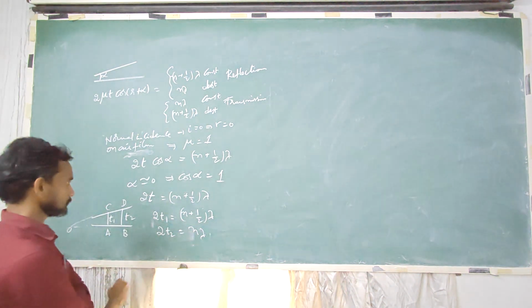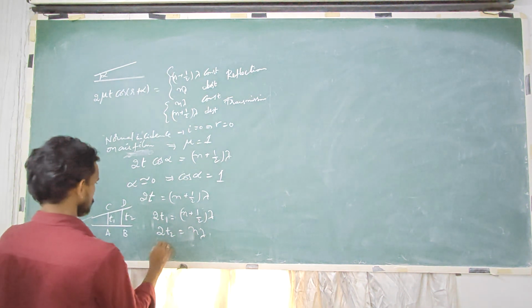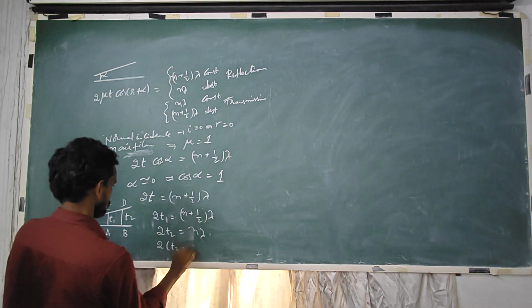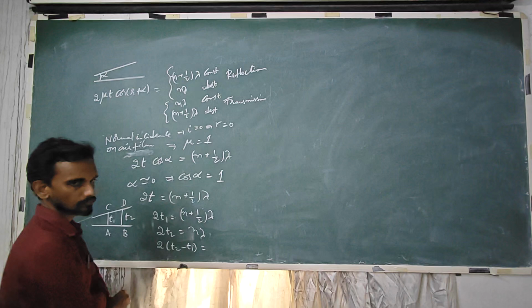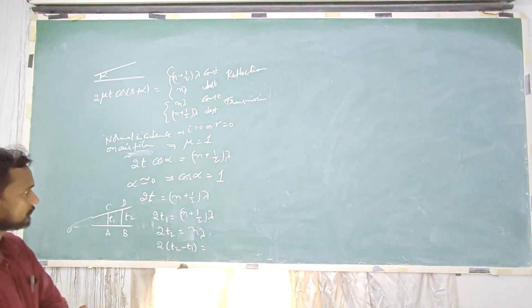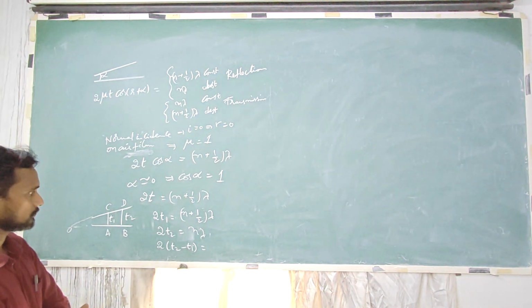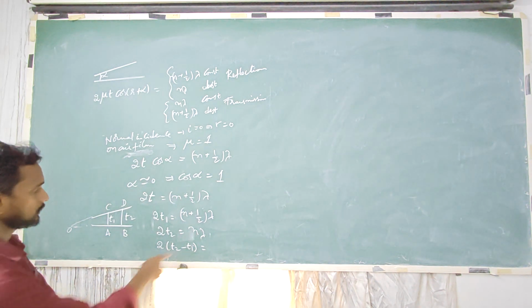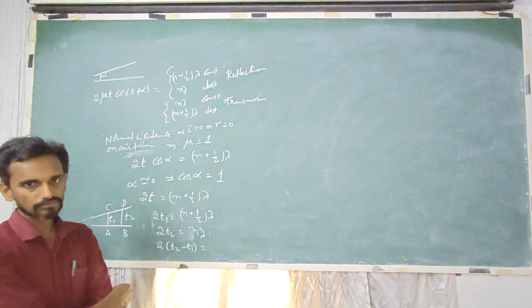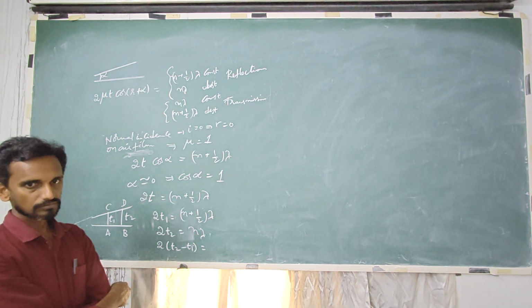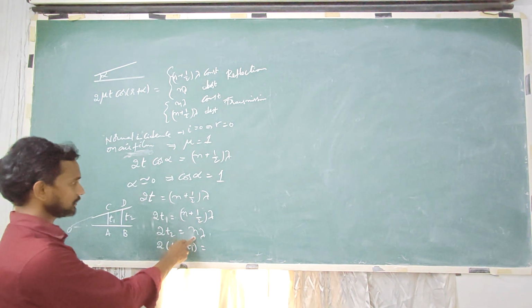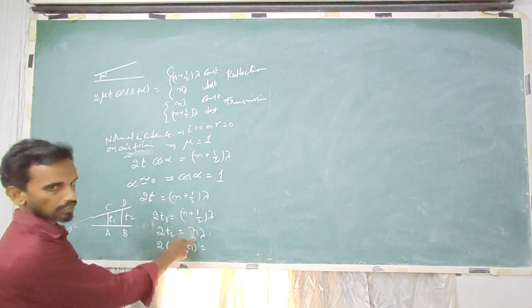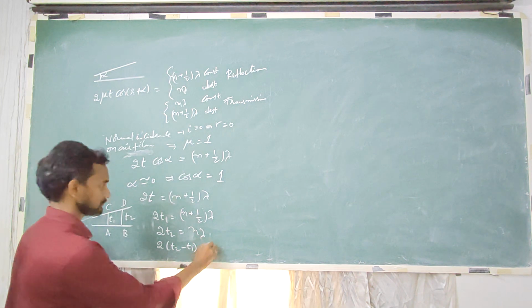The difference is what? Here n is 1, here n is 0. So this is n lambda, I mean 1 lambda, this is lambda by 2.